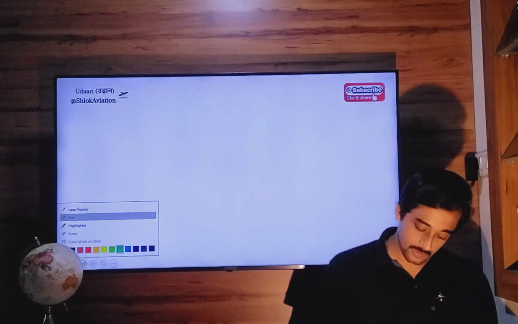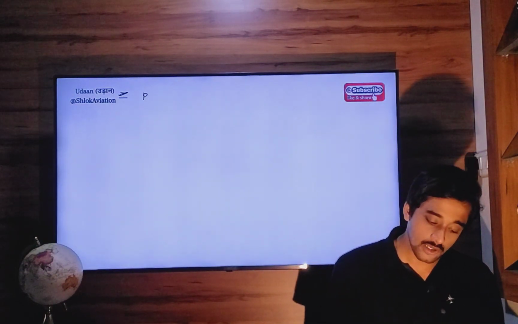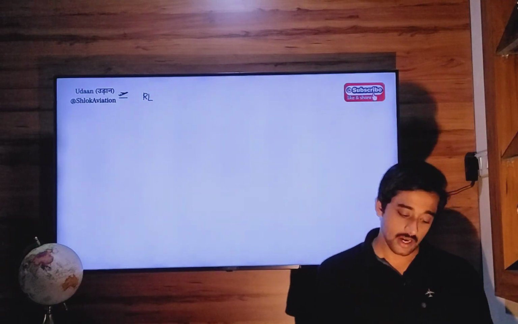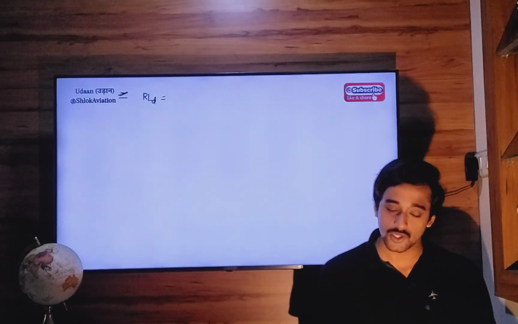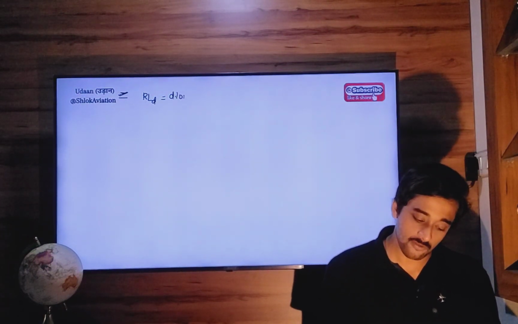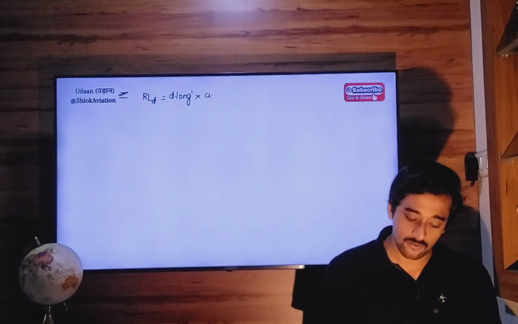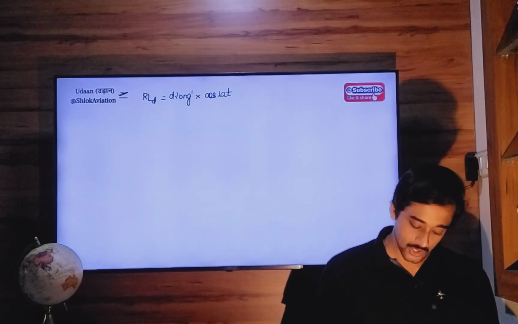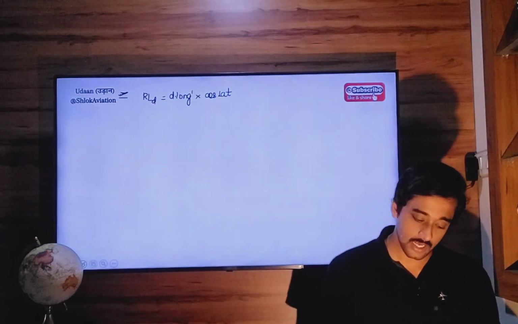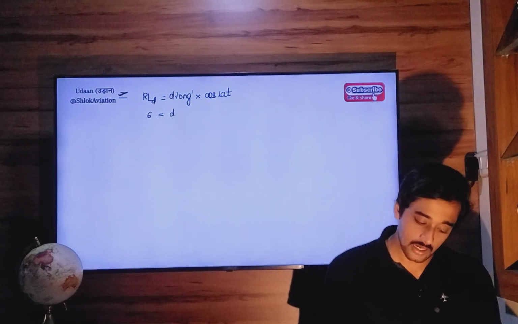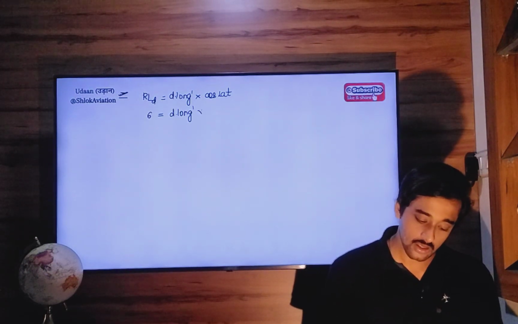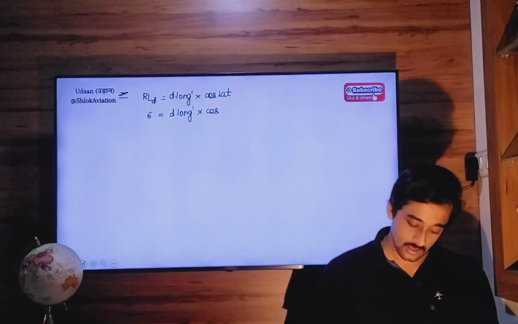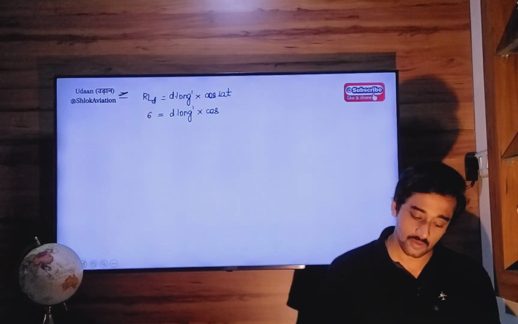Okay, so now all latitudes are Rhumb line tracks. So here the Rhumb line distance formula should be used, which is d long in terms of minutes into cos of latitude. So Rhumb line distance is 6 miles, d long in terms of minutes into cos of 58 degree 42 minutes.